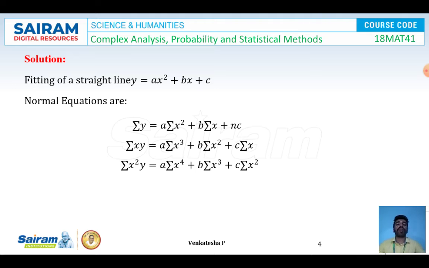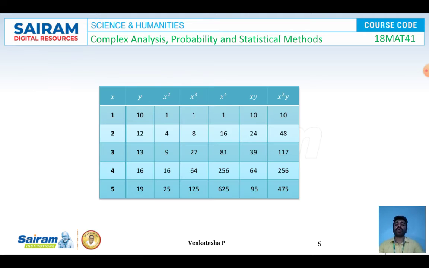So take a tabular column and calculate all this. The tabular column must have x, y, x², x³, x⁴, xy and x²y. So x is given as 1, 2, 3, 4, 5 and y is given as 10, 12, 13, 16, 19.